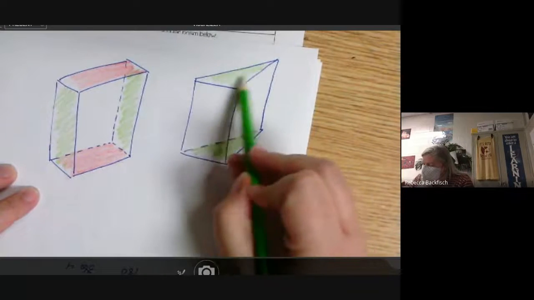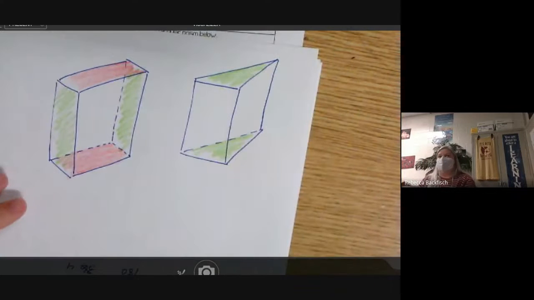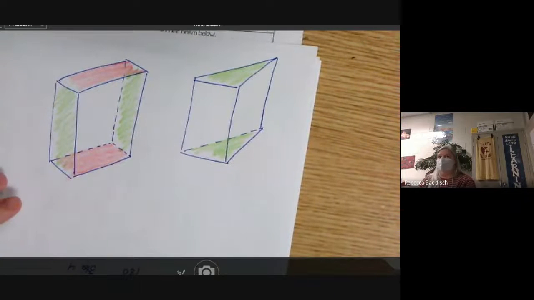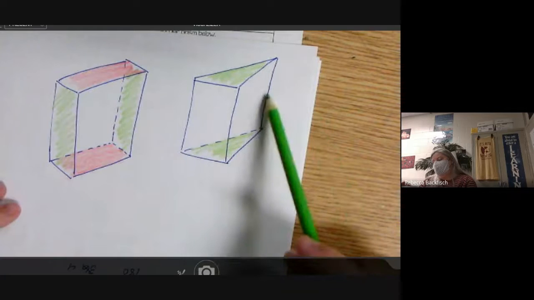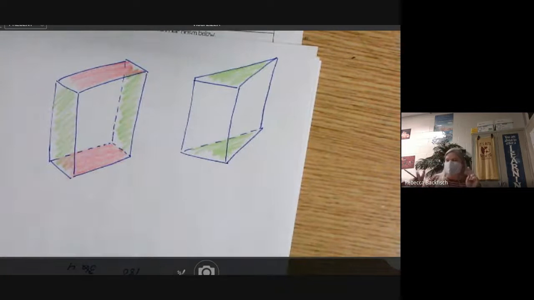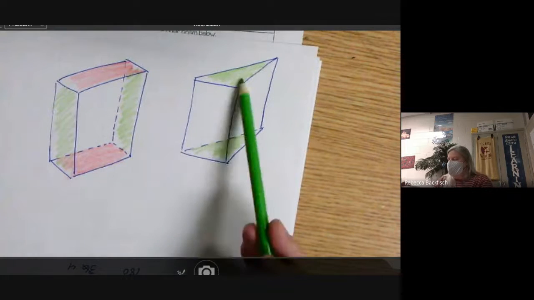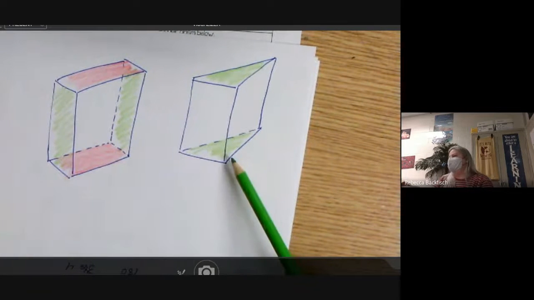I have 2 identical triangles. They're congruent, they're exactly the same, and they're parallel. Notice that every single face, it's not actually called a side, it's called a face, every face besides the bases is always a rectangle in a prism, always.